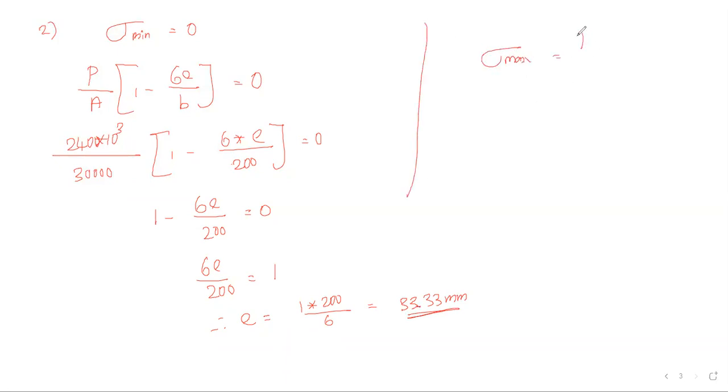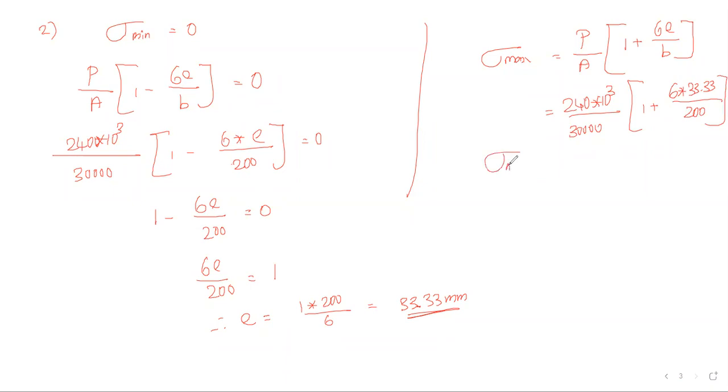If E is 33.33 mm, then what is the value of sigma max? P by A into 1 plus 6E by B: 240 into 10 cube divided by 30,000 into 1 plus 6 into 33.33 by 200. Substituting this value, sigma max is equal to 15.99, which is nearly 16 Newton per mm square.